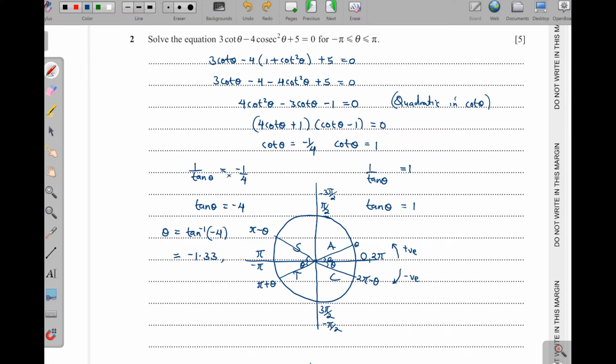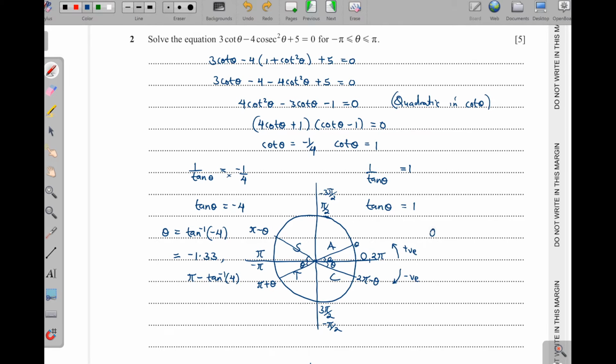So this will be 180, which is pi, then minus this arctan of 4, because arctan of negative 4 is the same as minus arctan of 4, okay? In other words, we get pi, then we subtract this one, or we say minus, then the 1.3 and the rest of those figures. You see that?